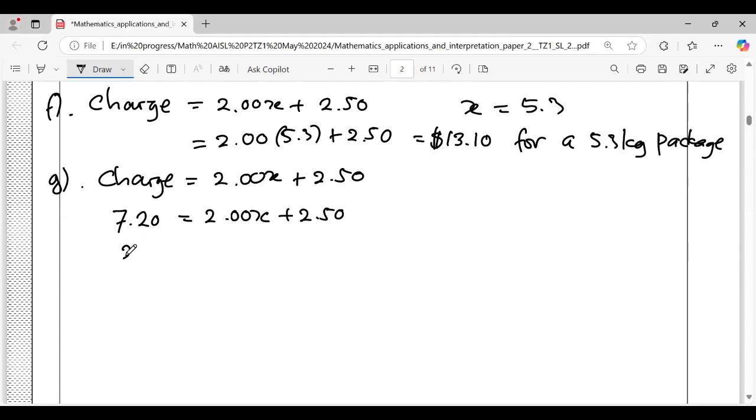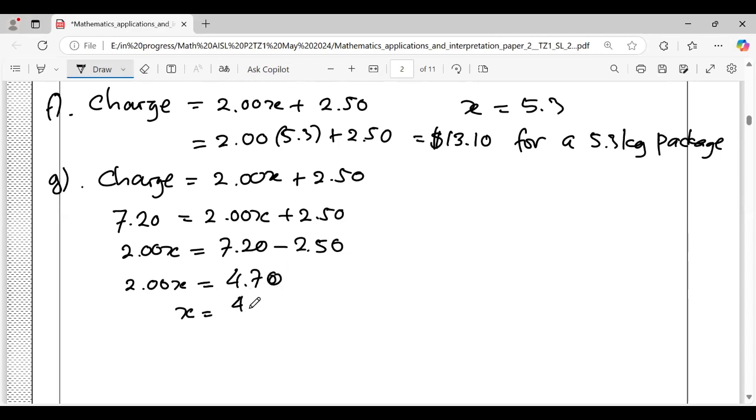So 2.00x equals 7.2 minus 2.50, so 2.00x equals 4.70. x equals 4.70 over 2.00, which equals 2.35.